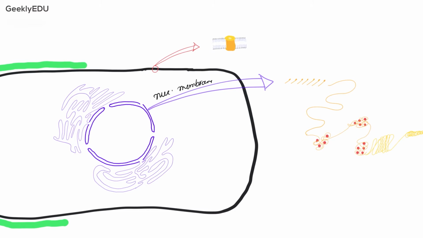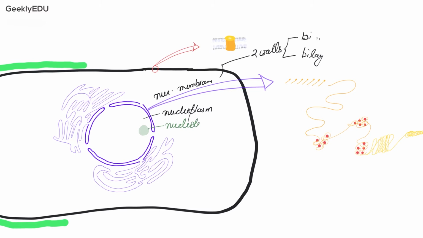The nuclear membrane has two walls, and each wall is a bilayer, right? Each wall is a bilayer. Remember that. Now, what is inside the nuclear membrane? The fluid called nucleoplasm.